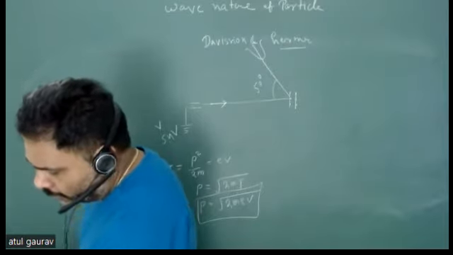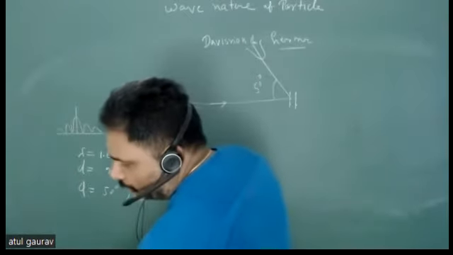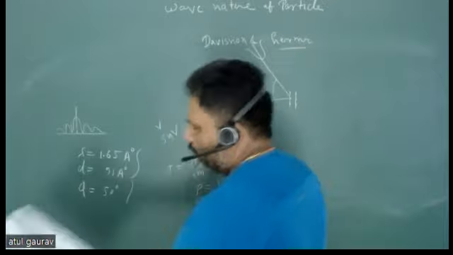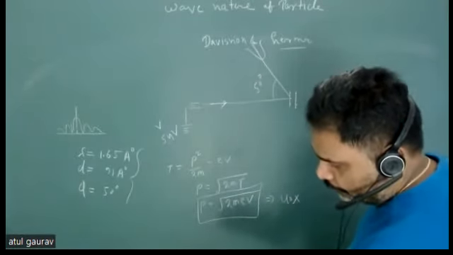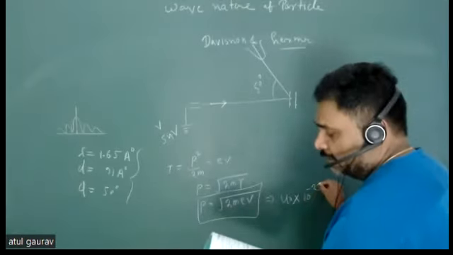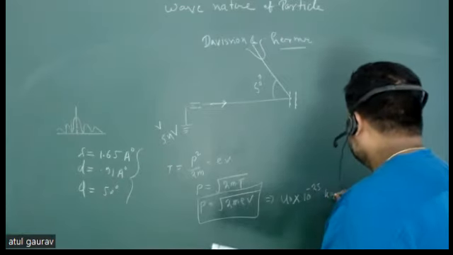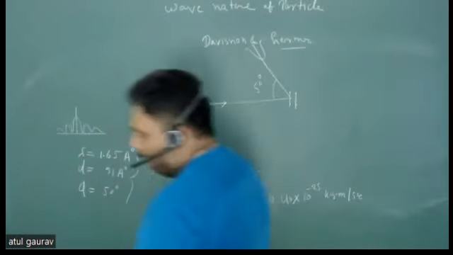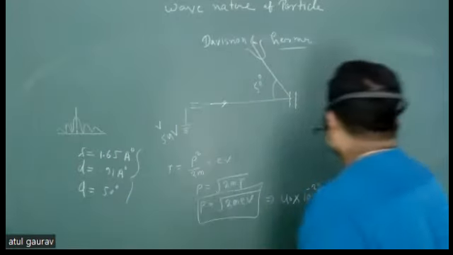this momentum is approximately, you can calculate, and that value is equal to 40 into, let me write this thing correctly, 10 to the power minus 25 kg meter per second. So we have calculated this particular momentum, and we have already drawn some figure. What is this figure?